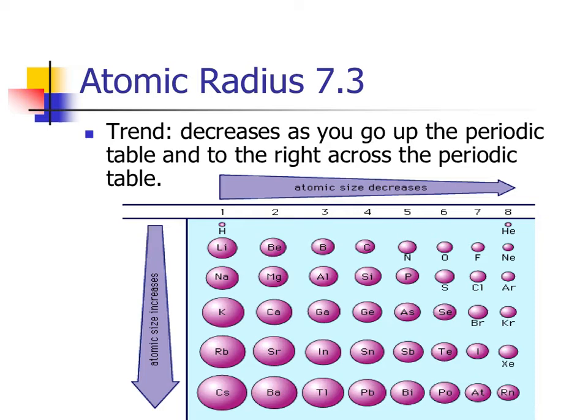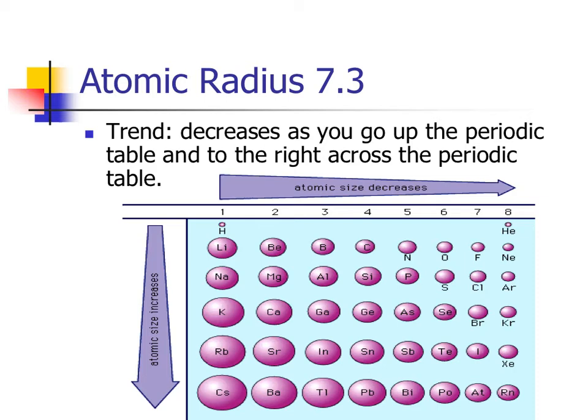Not only that, if you remember drawing your Bohr models, hydrogen only has 1 circle. Lithium has 2 circles.